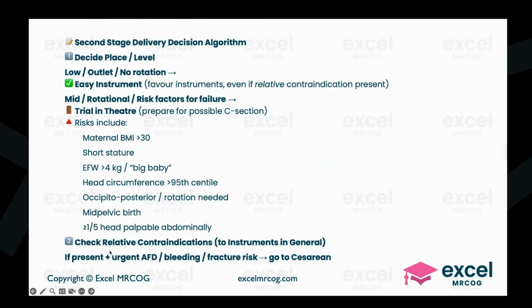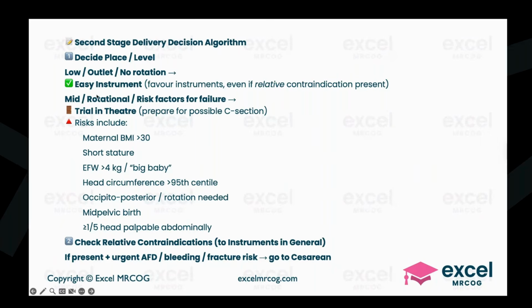Second step, check for relative contraindications to instruments in general first. If contraindications to instruments are present in your question, and the birth is urgent, no matter where they have given it, even if instrument is possible, you go for a cesarean section. Meaning, you are not going to wait around if a very quick delivery is required.